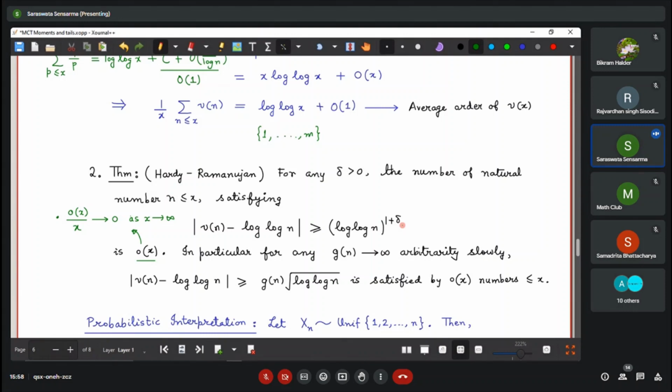Okay, so was this clear? I might have gotten a bit jumbled in the notation, but this is what I meant. In other words, ω(n) concentrates around log log n in a window of square root of log log n.